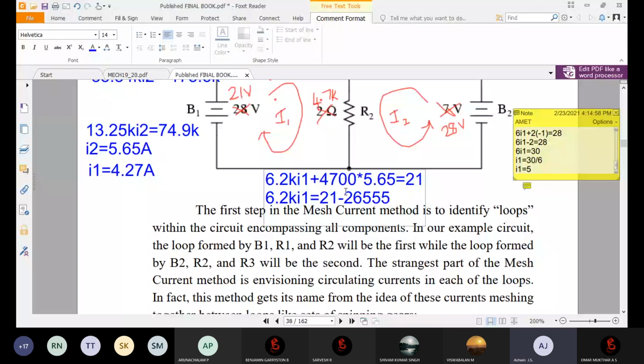If I subtracted that, you may get the value as minus. Sorry, this should be minus. So you got the value 1.05K.